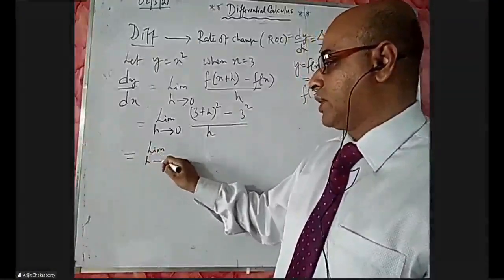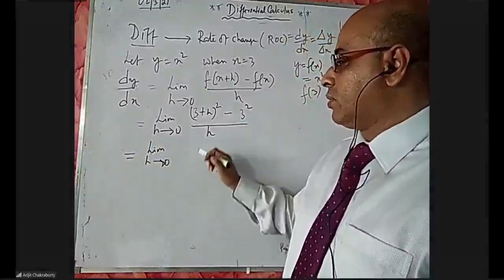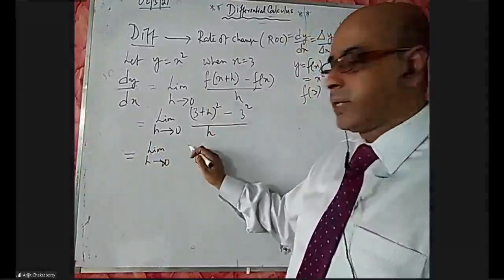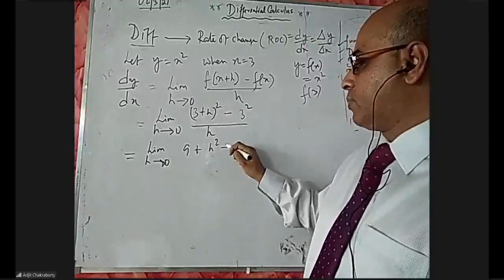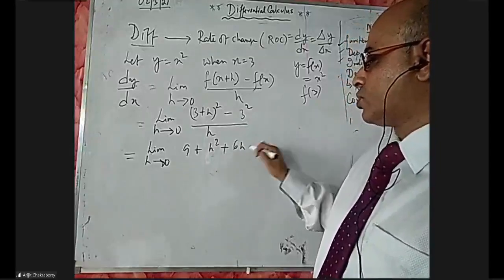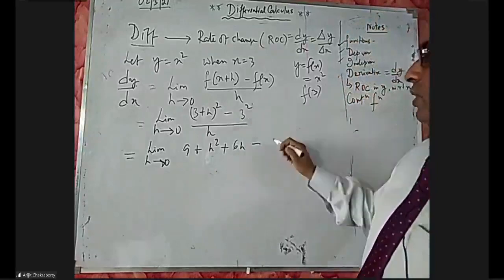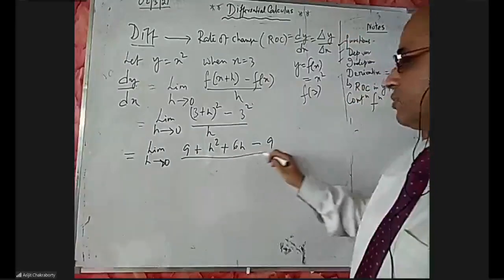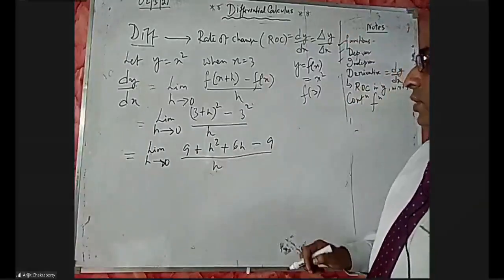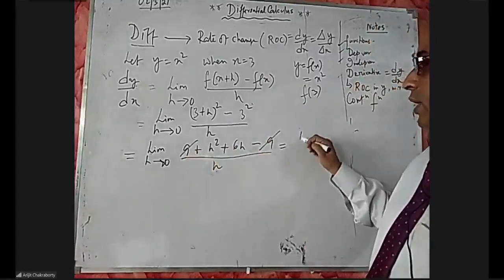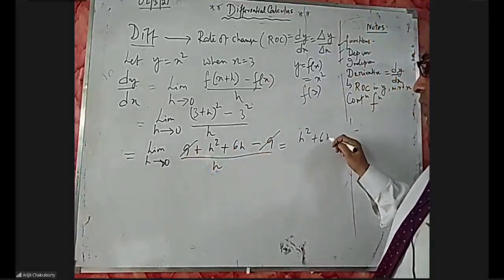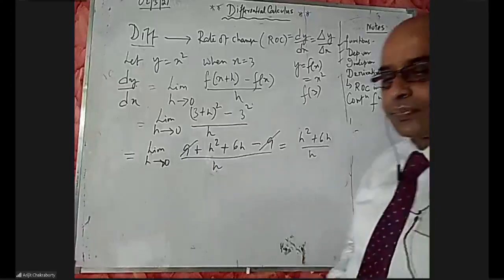Limit h tends to 0. 3 plus h whole square gives you 9 plus h square plus 6h, minus 3 square, that is 9, divided by h. So 9 and 9 cancel out. I am getting h square plus 6h by h.